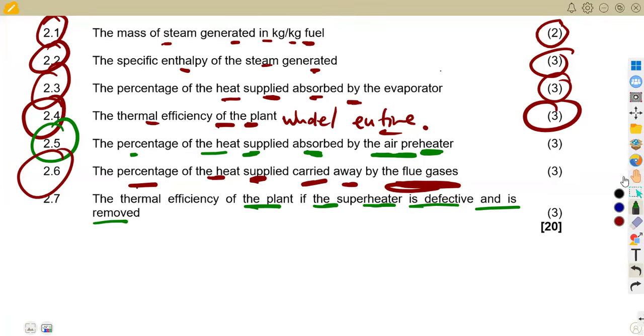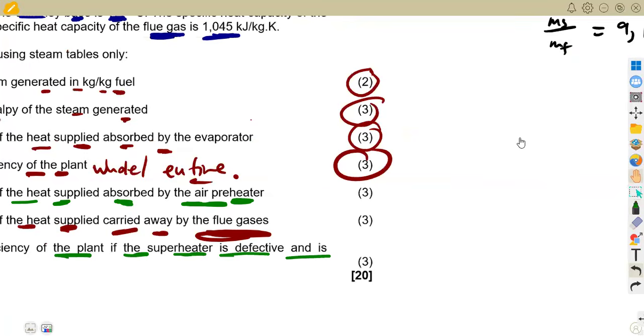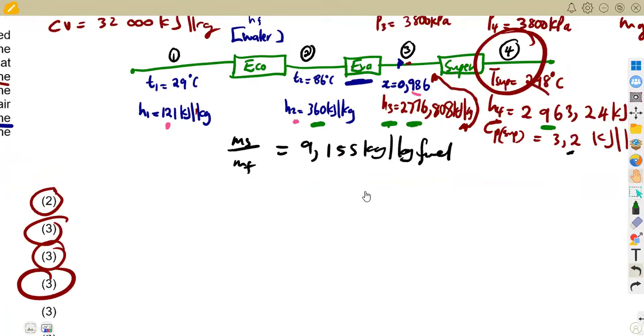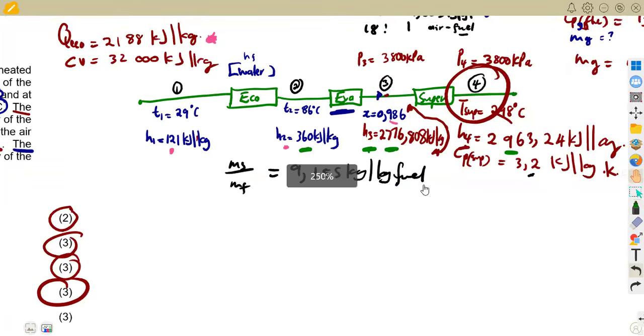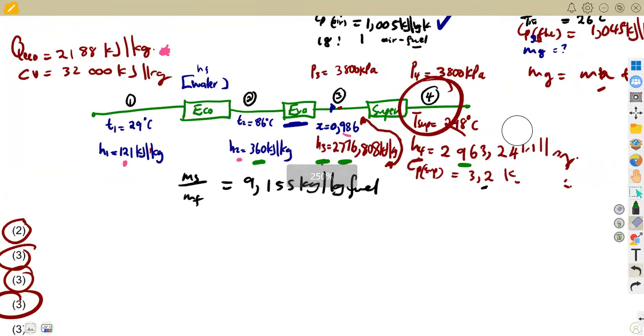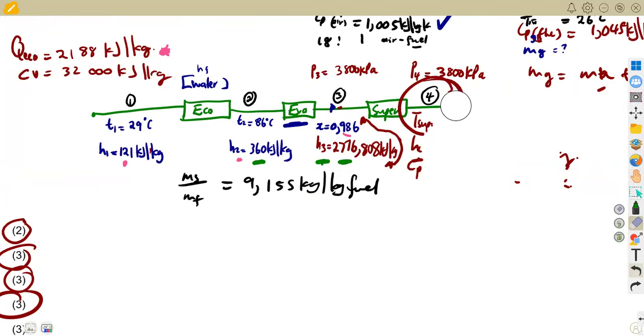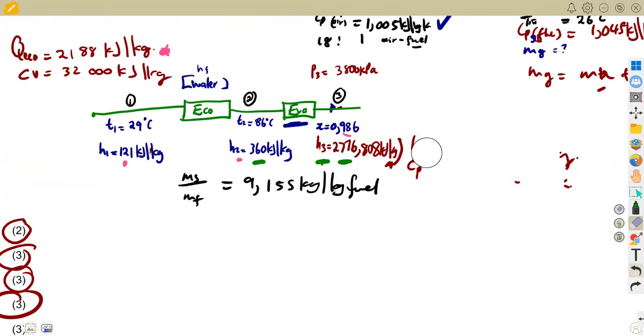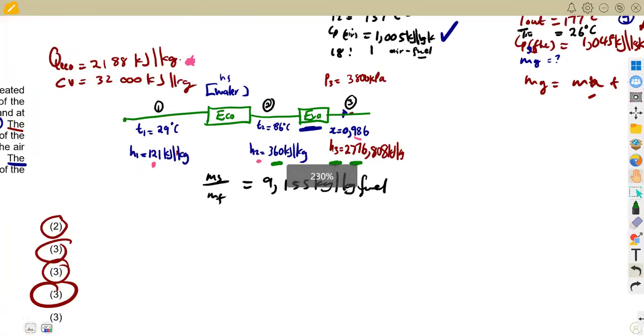The superheater is defective and is removed. It is no longer part of our diagram. This superheater is no longer there. We are no longer having this. It's defective and it's no longer part of our diagram. So that is the case now. So what is going to be the thermal efficiency?